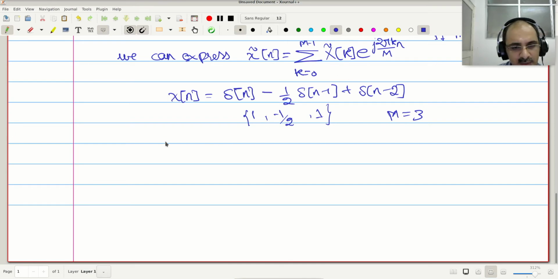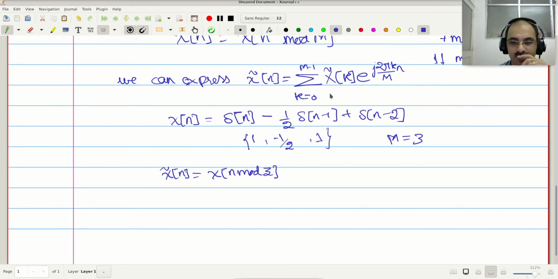How? So remember, x tilde n is actually x n modulo 3 because I chose m as 3. Now, can I express my x tilde n in terms of the capital X tildes?